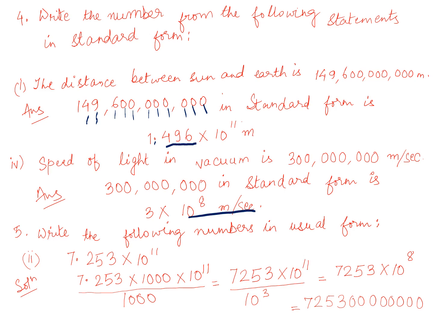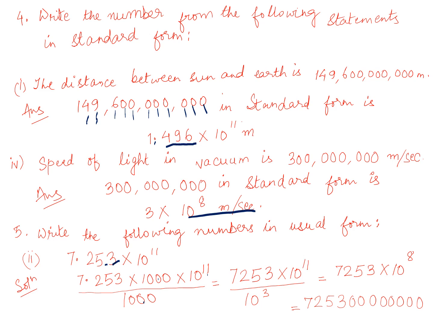If you see here, 7.253 has a point, and after the point there are three digits. So I will multiply by 1,000. Once you multiply by 1,000, you have to divide by 1,000. Okay, and 10 to the power 11 is given as it is. So 7.253 times 1,000 will be 7253 times 10 to the power 11 divided by 10 to the power 3.